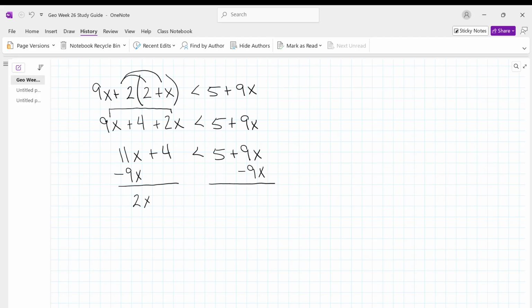So 2x plus 4 is less than 5. Subtract 4 from each side. So 2x is less than 1. Divide both sides by 2. And we get an x that's less than 1/2.